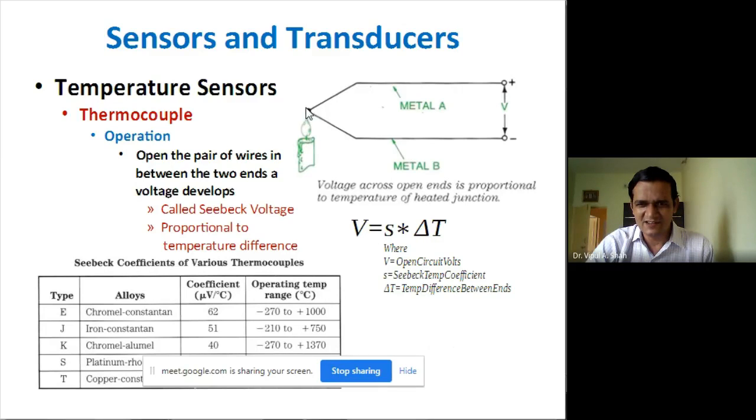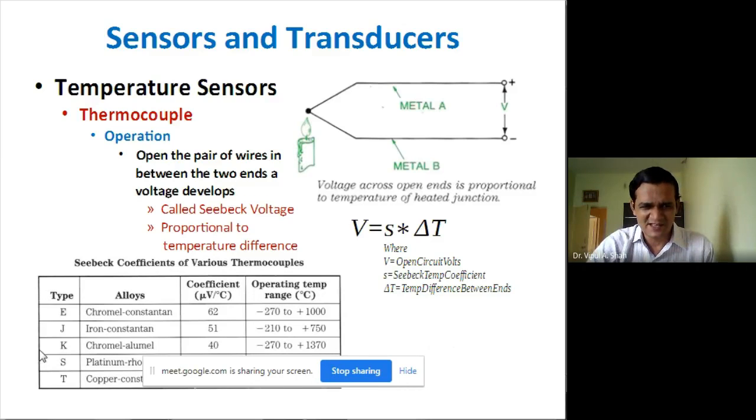So as and when the measurement point is heated, this temperature is rising or it may be falling from the current value. So an appropriate millivolt signal is generated, and that millivolt signal we have to amplify further, and then we can measure the degree Celsius temperature.